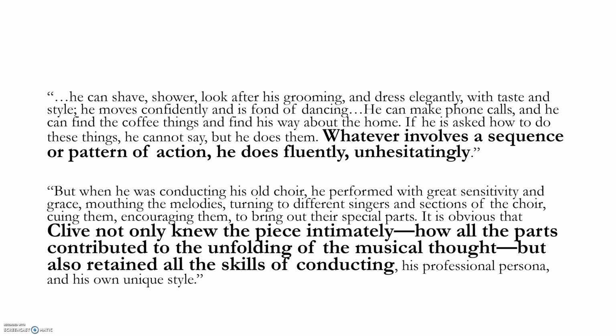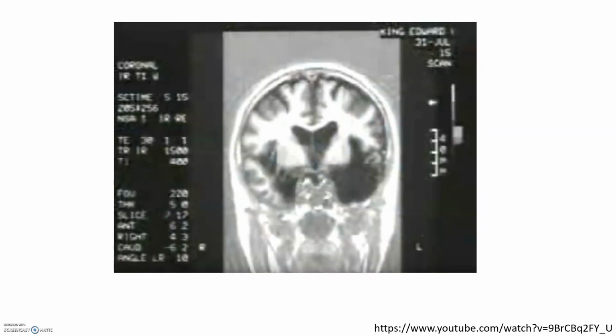So cases like this, and here's his brain. You can see there's some parts missing here in the temporal lobes. This is an MRI scan. Cases like this shed some light on how different regions of the brain play different roles in memory.